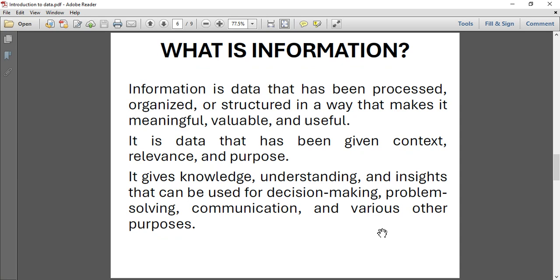Okay, so that's information. You are looking at data that has been processed, organized, or structured in a way that makes it meaningful to the one that has collected it or to where the data was sent. So it has been given context, relevance, and purpose.